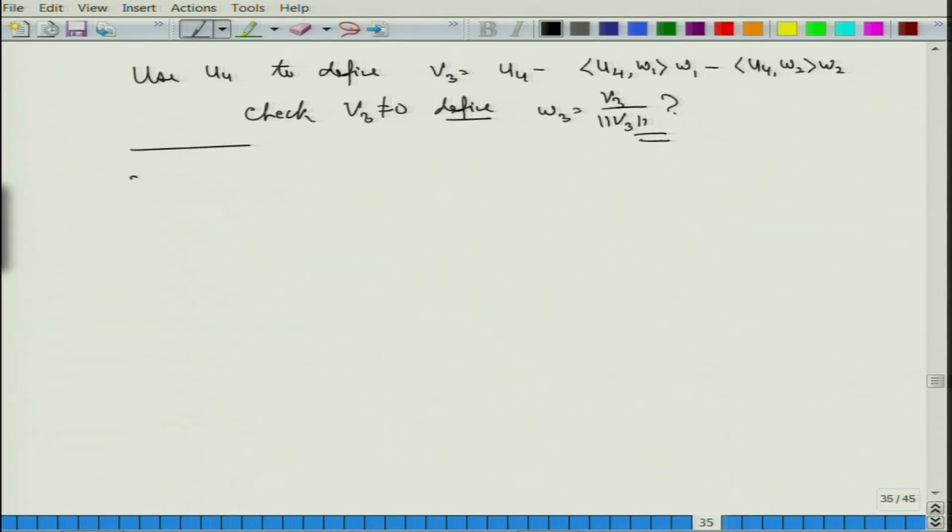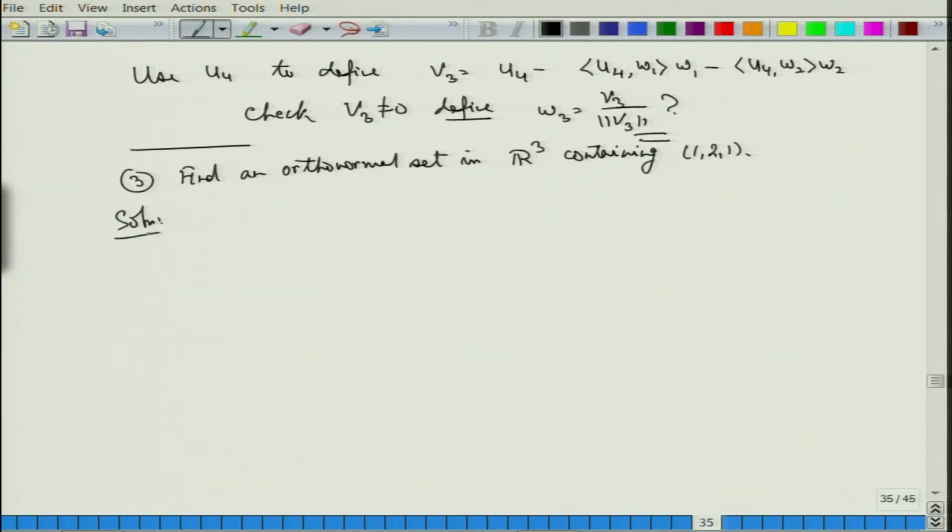The next example that I am going to look at is this question: find an orthonormal set in R3 containing (1,2,1). Solution.